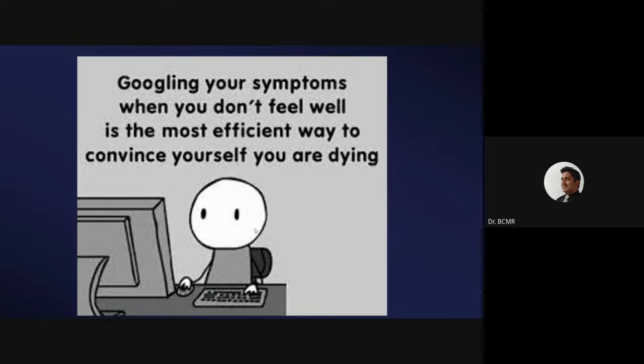Googling your symptoms when you don't feel well is the most efficient way to convince yourself you're dying, right? And I also had a nice picture somewhere which says, near the board outside the doctor's office, please keep all your Google knowledge or Wikipedia knowledge outside and enter the doctor's office. That's a nice way also.